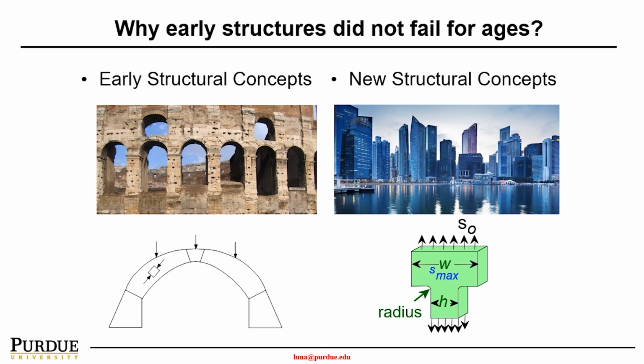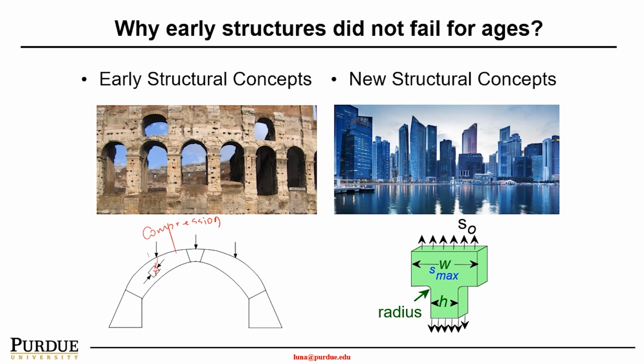On the left, as you can see, most of them have an arch shape. In this case, the materials only go through compression. If the material has a crack, as is clearly shown here, many have cracks, the crack is not expanding but rather contracting under compression.